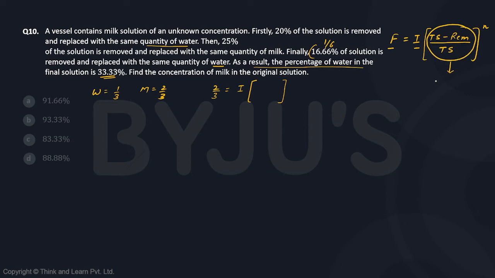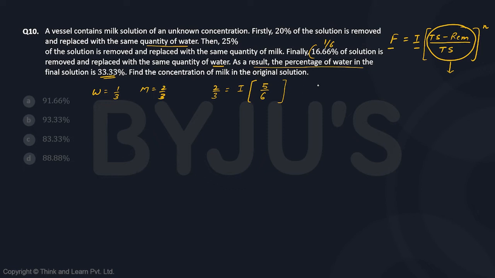This is actually giving you the leftover fraction of the solution. If 1/6 of the solution is removed, then 5/6 of the solution will be left. This is how you can make this question look easy.